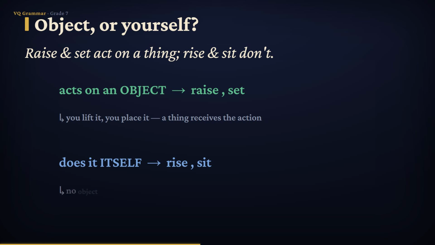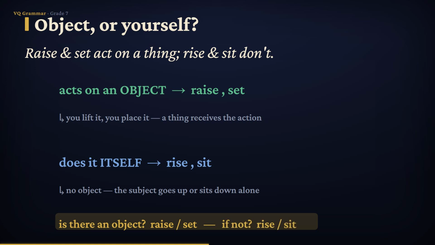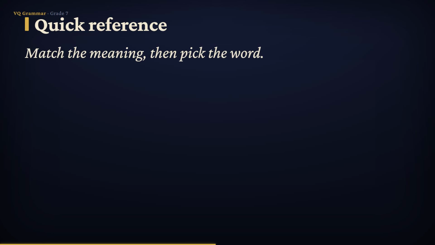Nothing gets lifted or placed. The subject simply goes up or sits down on its own. So the deciding question is always the same: is there an object? If yes, reach for raise or set. If not, reach for rise or sit.